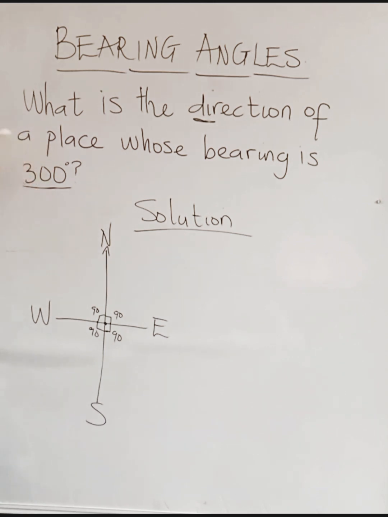Now that we have a bearing of 300, if we add 90, 180, 270, our 300 will be somewhere around here. That's the northwest. Since we have 270 and we're looking for 300, we subtract 270 from 300, which gives 30.